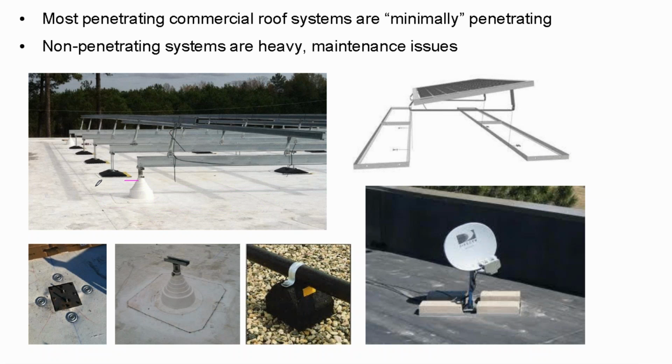But the way, say, on a TPO roof it works is you put in your U-bolt around your rafter, and kind of screw in your faceplate, and then put in additional attachments to kind of tamp down the TPO roof around it.